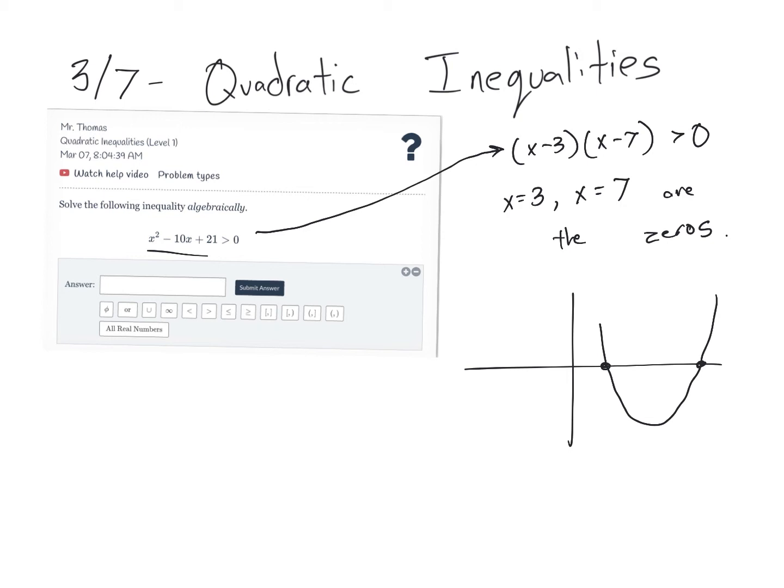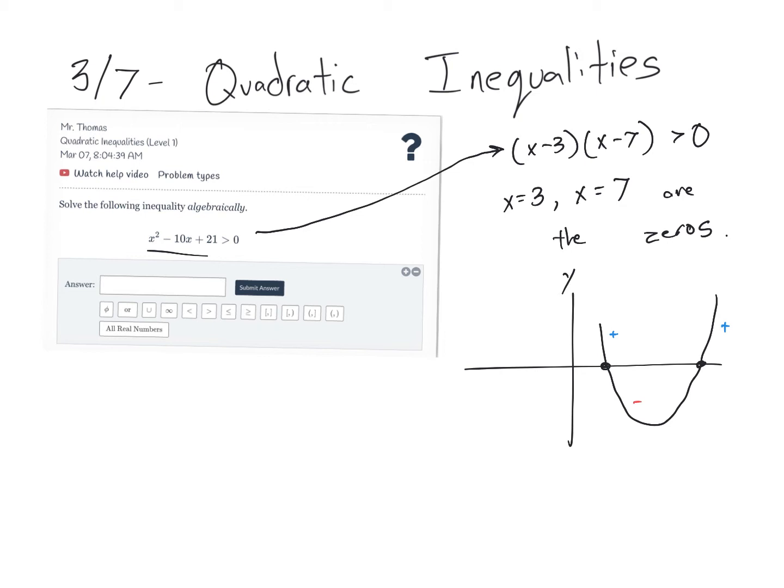Okay, so visualizing it as a graph, understanding where the two zeros are, we can answer where it is greater than 0. You see, it's positive here and positive here, but it's negative here, along the y-axis. So wherever it's above the x-axis, it's positive, whereas below the x-axis is negative.